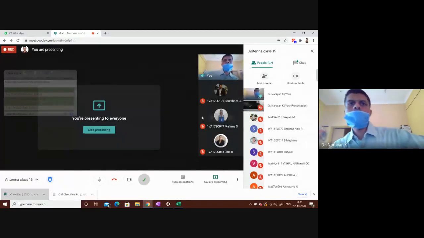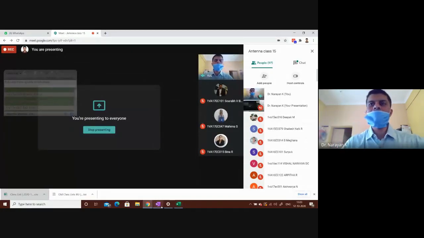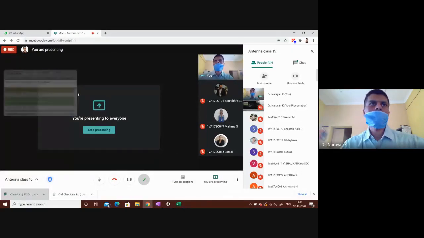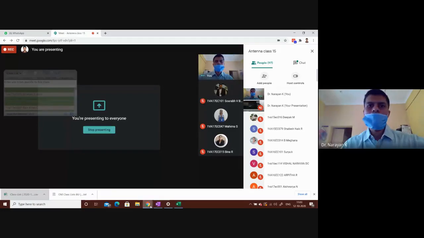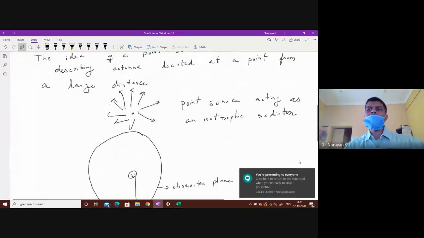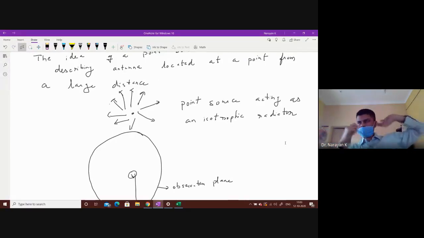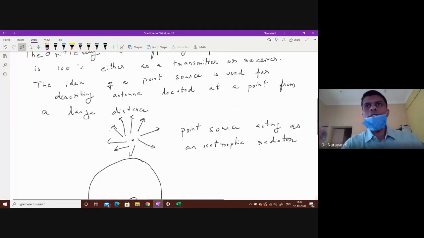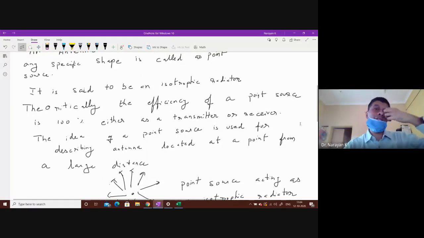Just now you read about what is known as the far field region and the near field region, right? Yes, sir. Now this point source is a unique thing we are studying right now. When you are seeing the antenna from a very far off distance, how does it look? What happens if you see an antenna from a 100-kilometer distance?